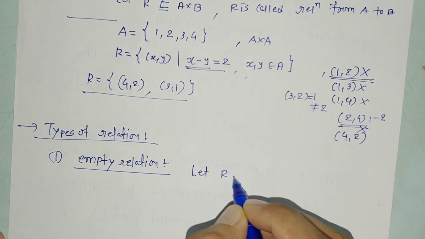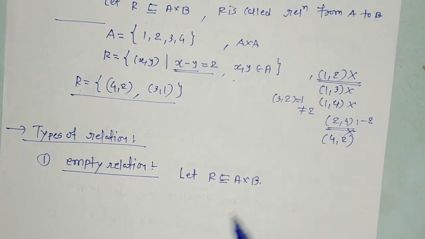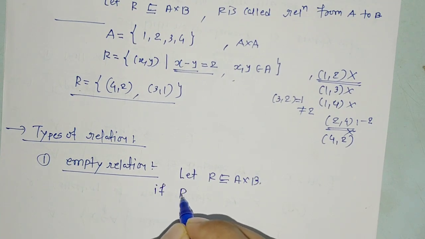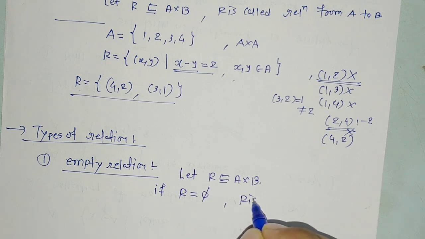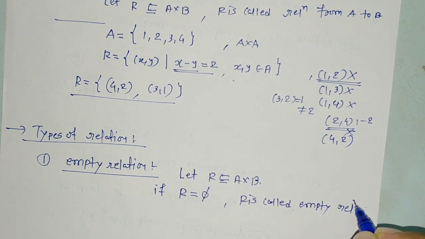Let R be a subset of A cross B. If R equals phi, then R is called an empty relation. It means if I take a relation which has no element, then that relation is called an empty relation.